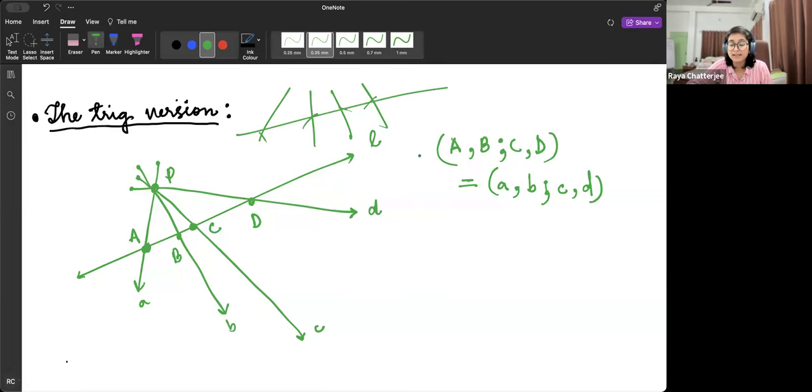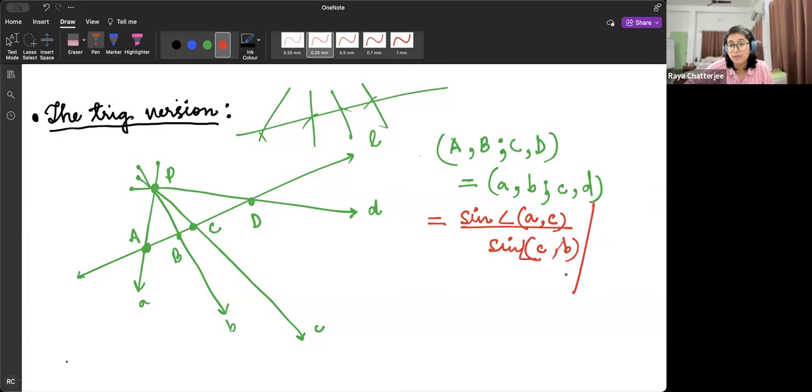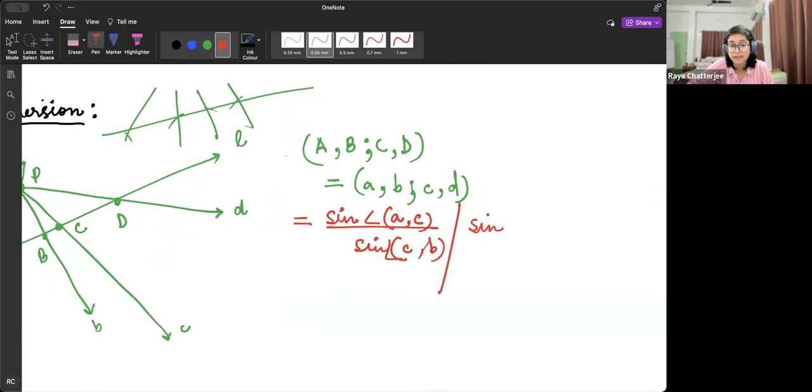So what I want to define is the cross ratio of the 4 lines A, B, C, D as the cross ratio of the 4 points of intersection of a transversal with the lines A, B, C, and D. And this is equal to sine of the angle between A and C over sine of the angle between C and B, whole thing over sine of the angle between A and D over sine of the angle between B and D. And this is very easy to remember because with cross ratios, you'd do AC by CB over AD by DB.